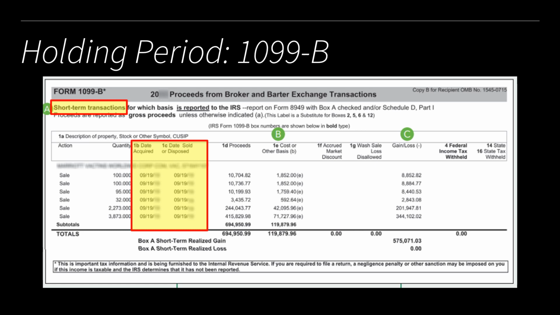Each kind of property or holding period will be reported in a separate table. So if this taxpayer had also long-term transactions, usually on the page below or somewhere underneath here, there would be a table with long-term transactions, and it would look really similar to this. It's just up there at the top, it would say long-term transactions.